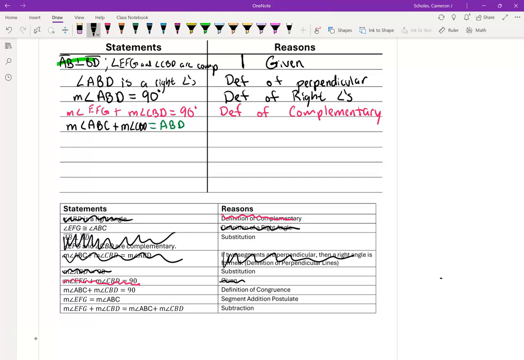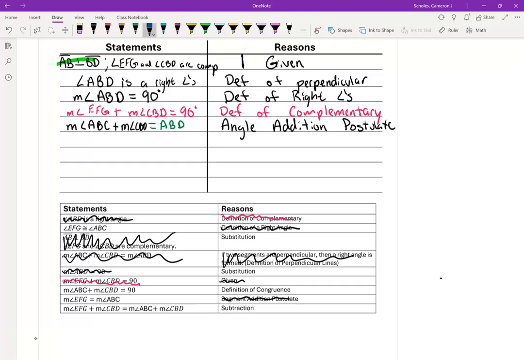And we got that from the angle addition postulate. I know it says segment, but it was meant to say angle. So again, we would cross that out.